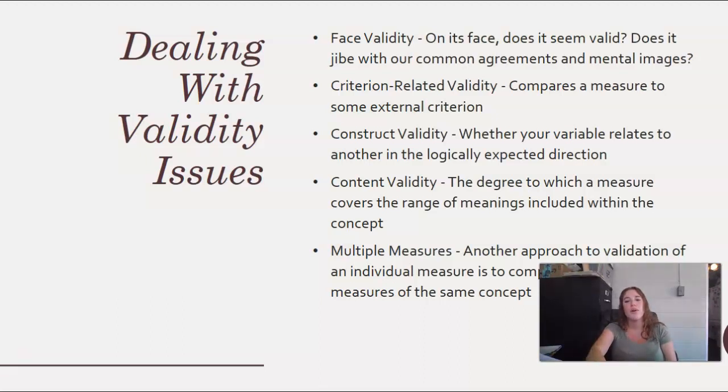So for example, if we want to know about satisfaction with police services, does counting the number of citizen complaints regarding police services measure the satisfaction with police services? Well, there's definitely other ways that you can measure this, but we are getting at citizen satisfaction with police services when we're looking at official complaints. So yes, it does.